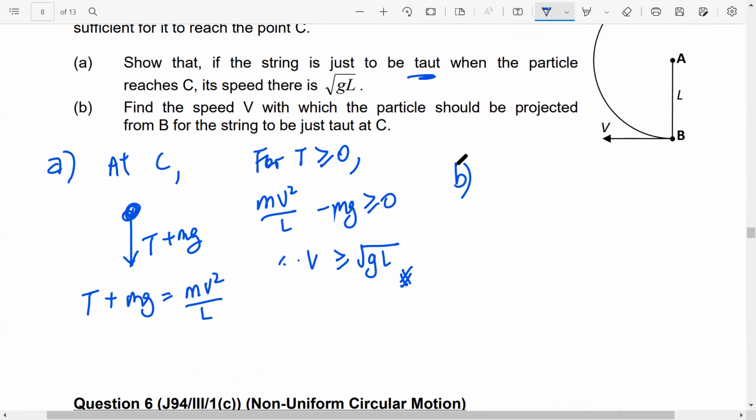Okay, so you can see it's pretty similar. First thing, again, free body diagram. Then equate the forces to the centripetal force. After you determine the direction of the centripetal force, then you equate them. Then after that, just solve it.